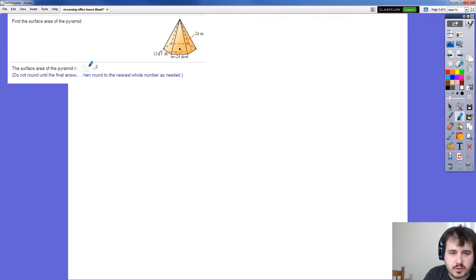Remember what the formula for surface area is. It's the area of the base plus the area of all these lateral faces. Each of them is a triangle, and the slant height is the height of the triangle. The perimeter is when you add up all the bases.